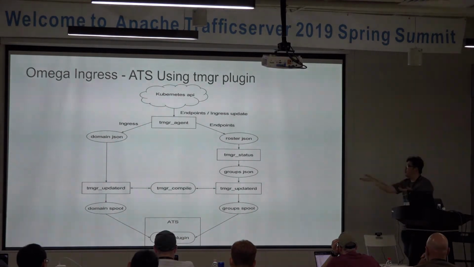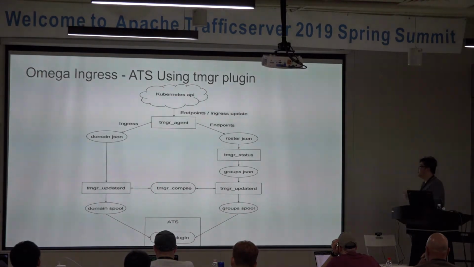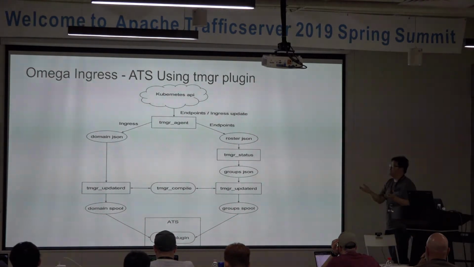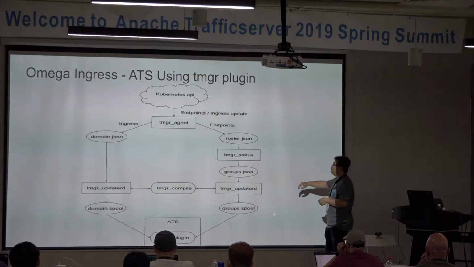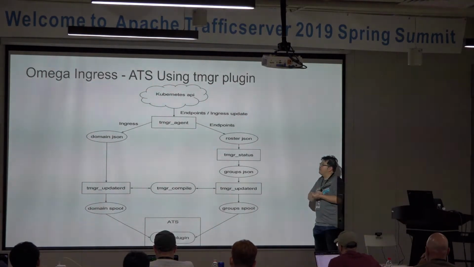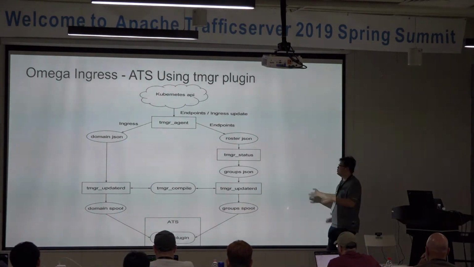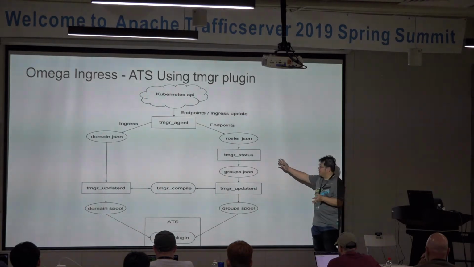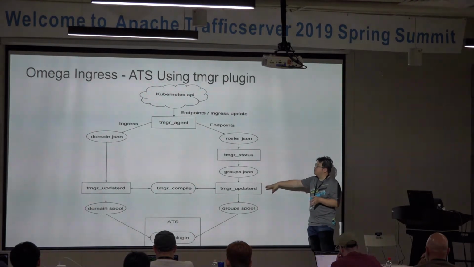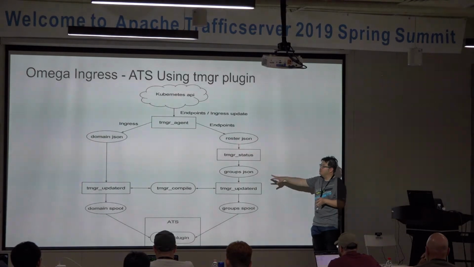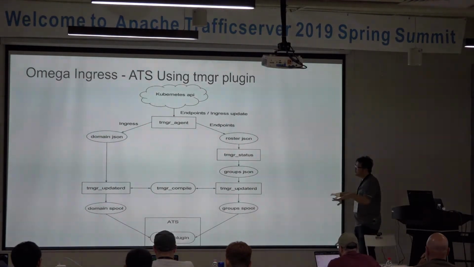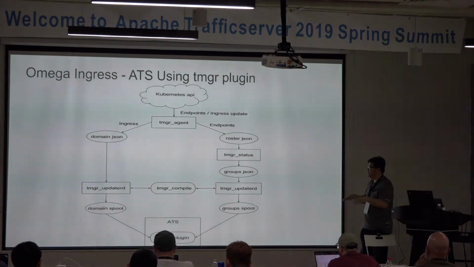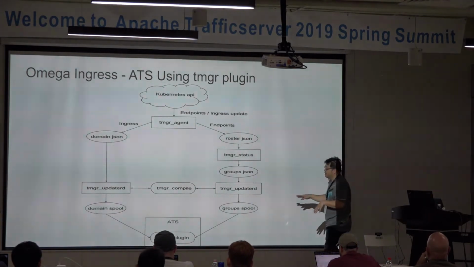If you deploy 10,000 pods, some of them may fail. So we do health checks to make sure those pods are running before we come up with a list of the real pods that we can route to for a specific domain. All that information is compiled into a binary format and then fed into the plugin.